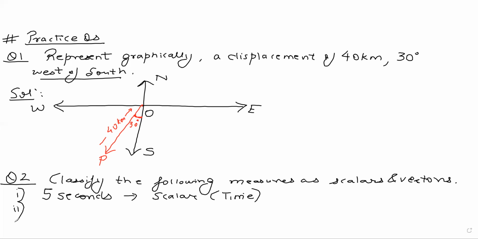Similarly, second example, 1000 centimeter cube. Again, guys, there is no direction. It is just magnitude. So scalar. Cube means it's volume. It's a scalar of volume. Then third, we have 10 Newton.